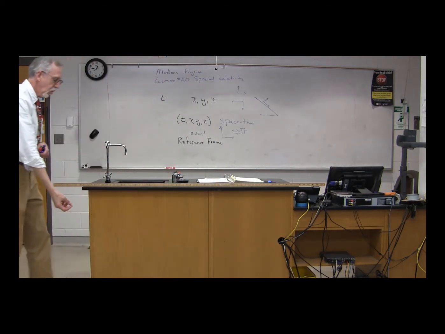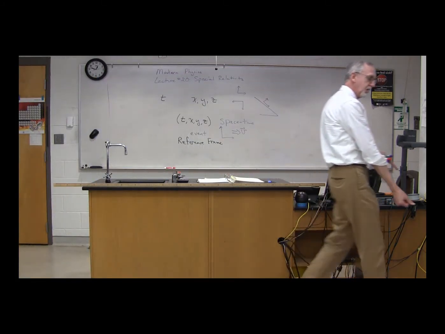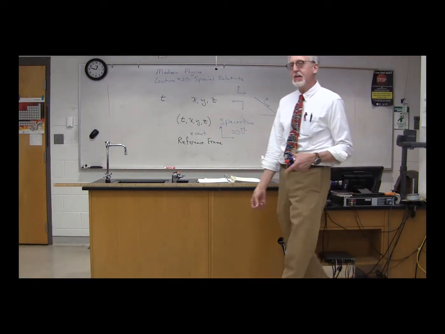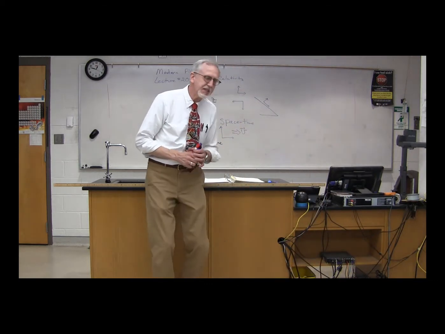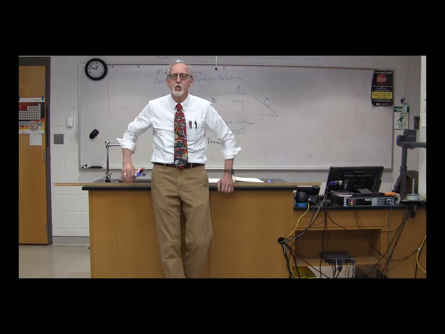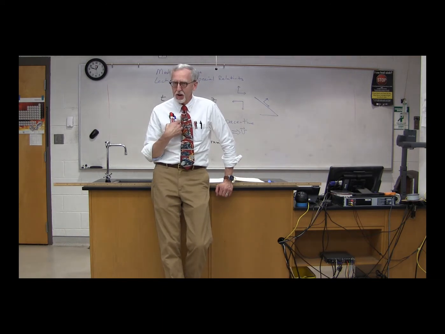For me, one occurs right here, and the other occurs right here, at the same place in my coordinate system. So in your frame of reference, the distance between those two events is 2 meters. However, in my frame of reference, the distance between those two events is 0.